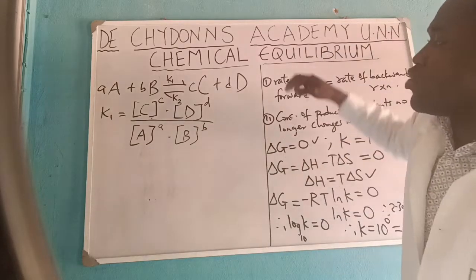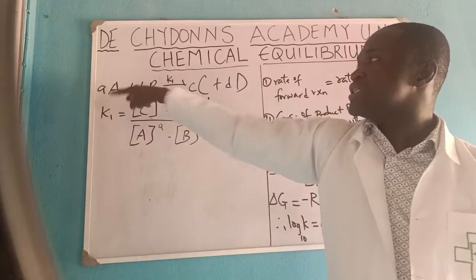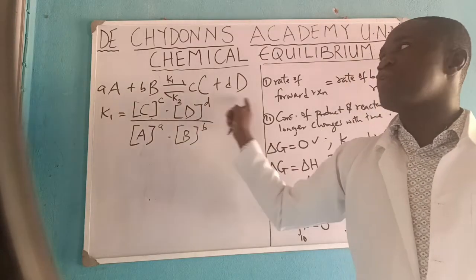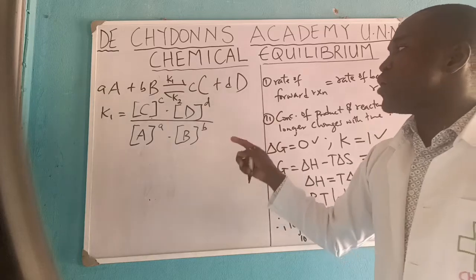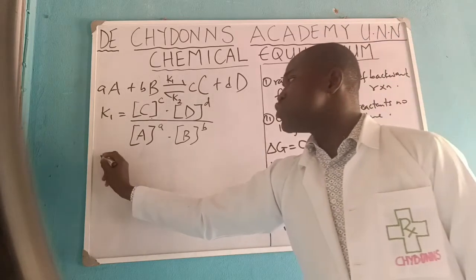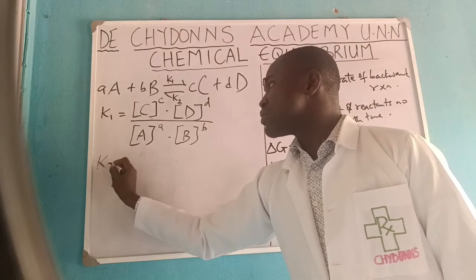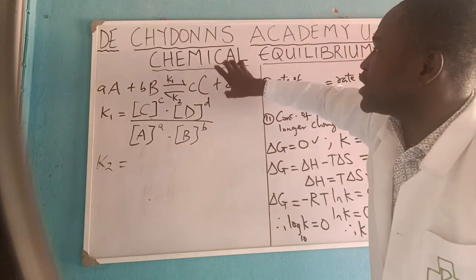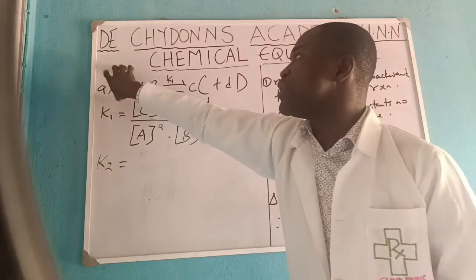Then, when you are talking about the opposite, that is the backward reaction. So K1 will be favoring the forward reaction. But when you are talking about K2, it means we are now taking this to be the reactant and we are now taking this to be the product.